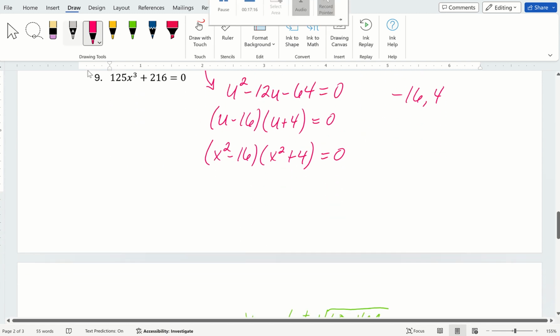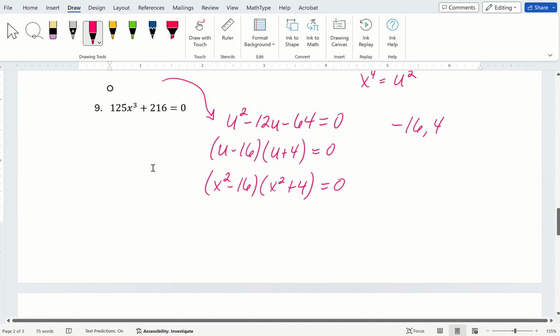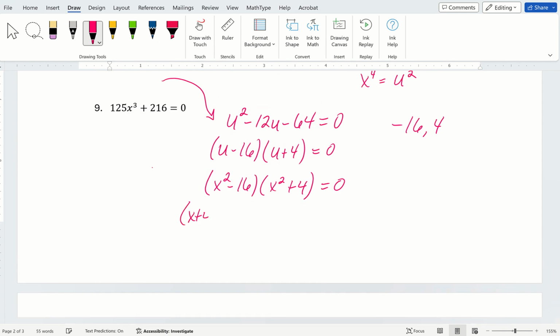So this gives me x plus 4, x minus 4, and x squared plus 4 equals 0. Now I can use my zero product property and say x plus 4 equals 0, x minus 4 equals 0, and x squared plus 4 equals 0.